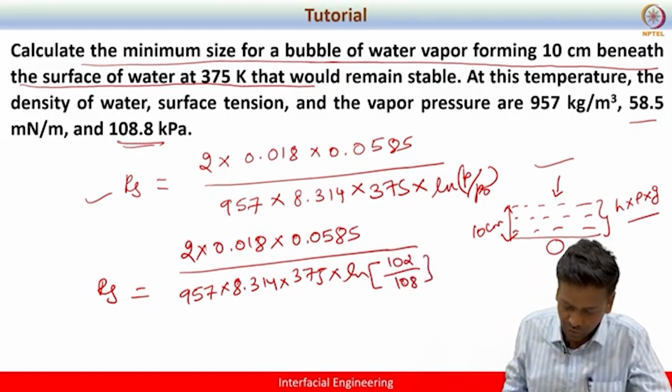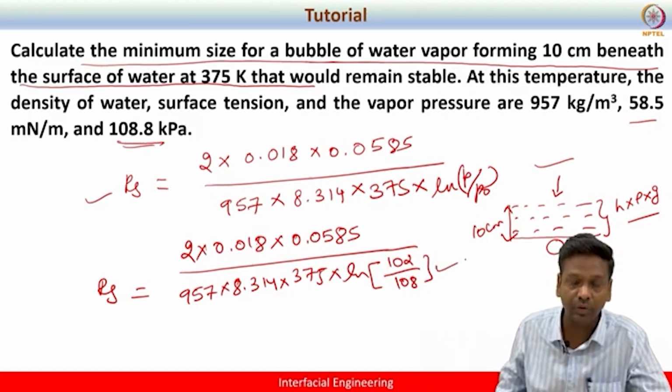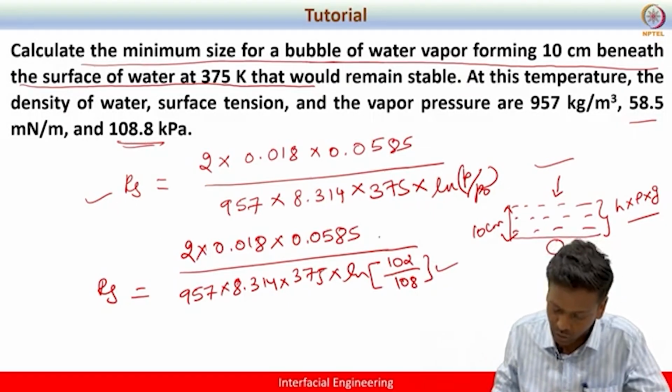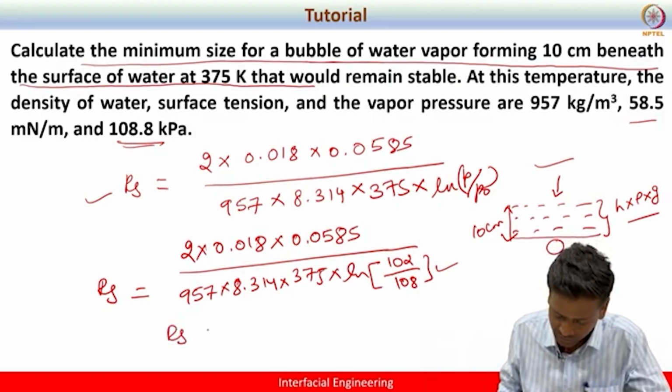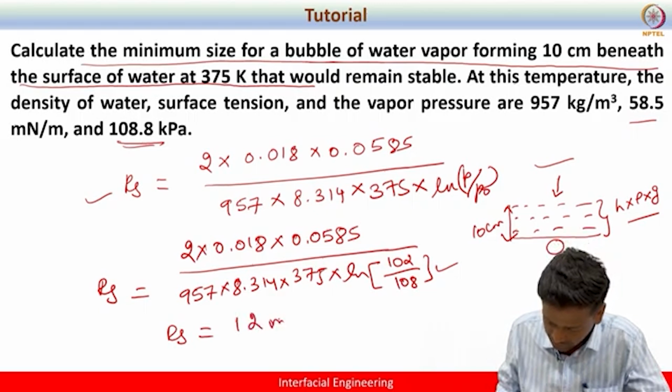Okay. So if I substitute this value in P by P naught, the rest of the values are already known. So finally the radius of the spherical bubble is going to be approximately 12 nanometer in this case.